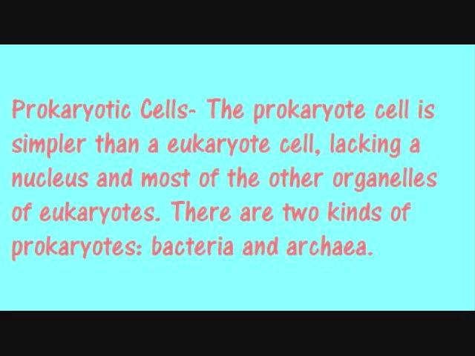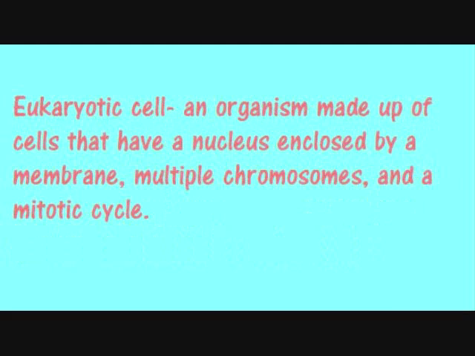The prokaryote cell is simpler than a eukaryote cell, lacking a nucleus and most of the other organelles of eukaryotes. There are two kinds of prokaryotes: bacteria and archaea. Eukaryotic cell, an organism made up of cells that have a nucleus enclosed by a membrane, multiple chromosomes, and a mitotic cycle.